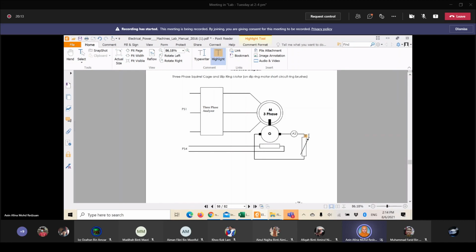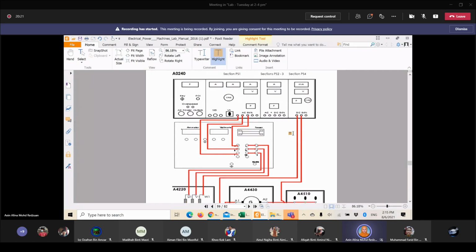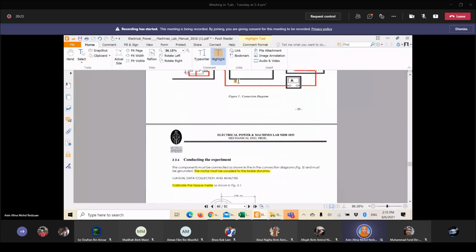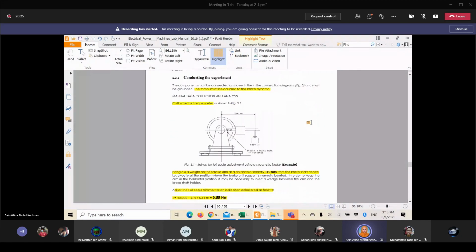We're going to vary the load through this rheostat from 6, 5, 4, 3, 2, 1. And here's the circuit. We're going to go through it later.